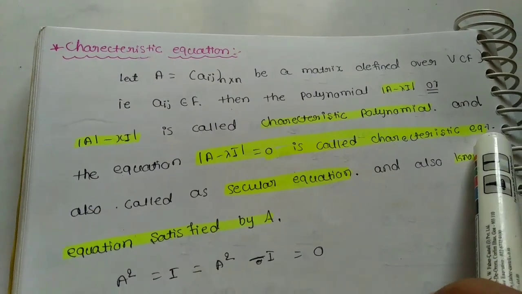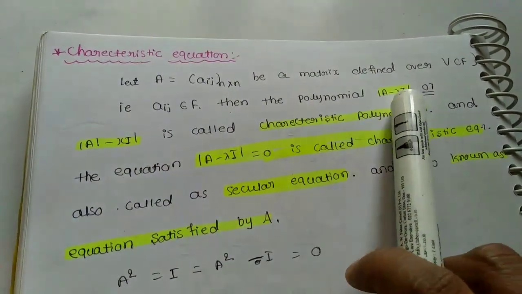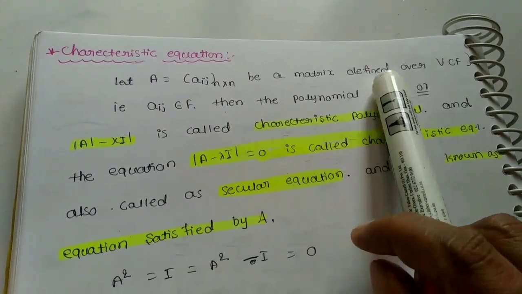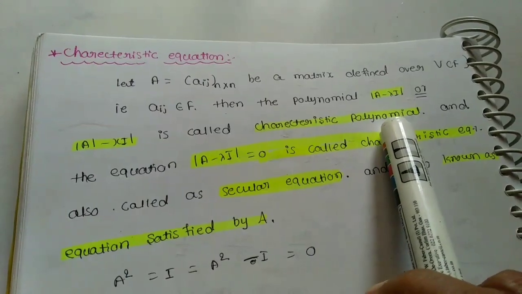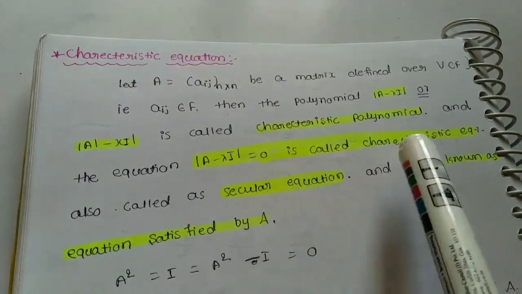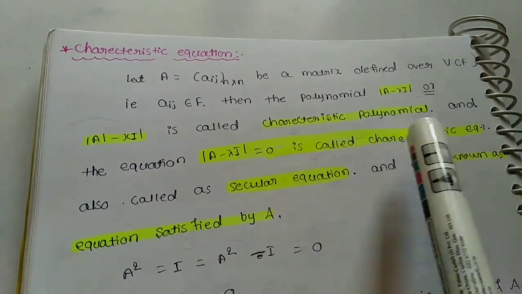The characteristic equation. So using the matrix and the identity matrix, if you write it like this, this is your characteristic polynomial, and when this equals 0, it is called a characteristic equation.